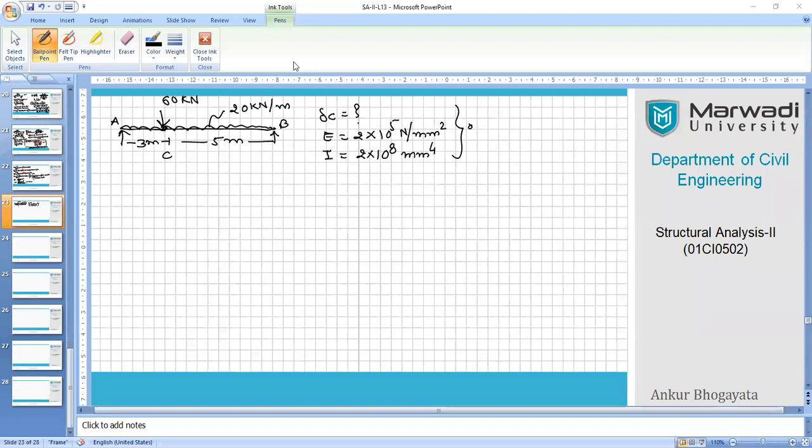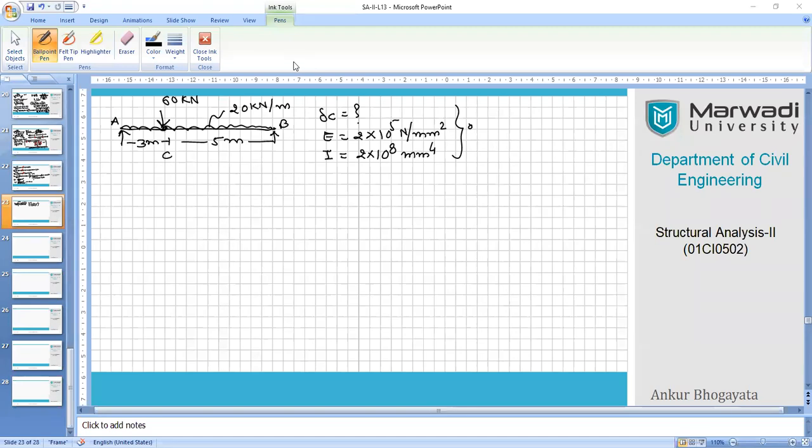So as we are aware and as you all may have practiced, we all know that Castigliano's first energy principle is applicable for calculation of the unknown quantities in terms of deformation, let us say, for example, deflection and slopes.